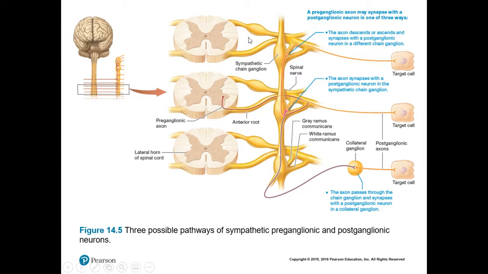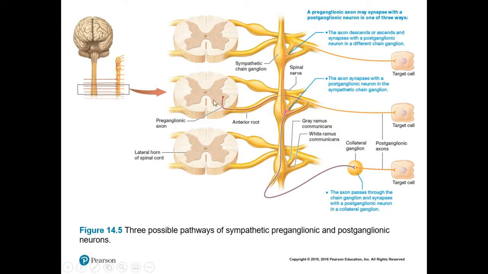So again, if the signal must be taken down, then it's going to originate in the brain, travel down the spinal cord, and then take one of these three ways, right?